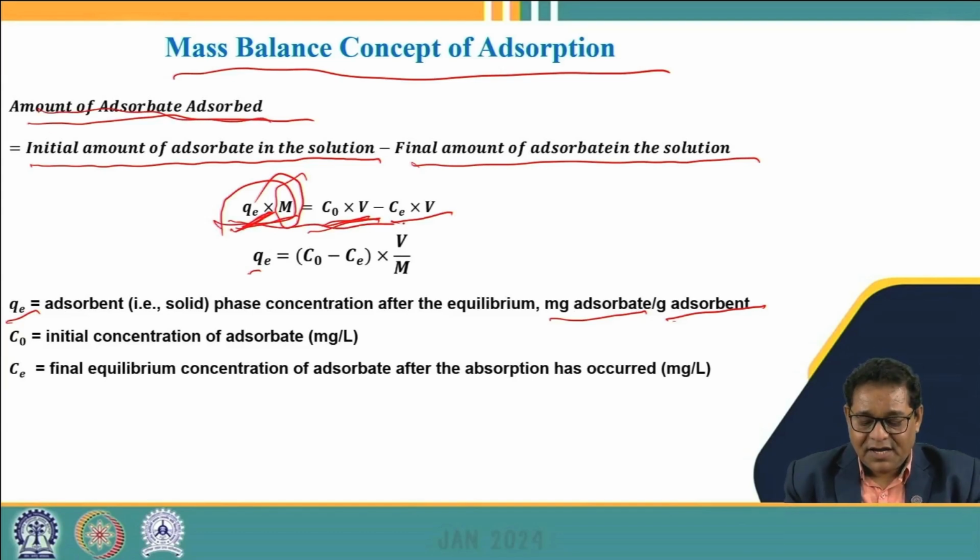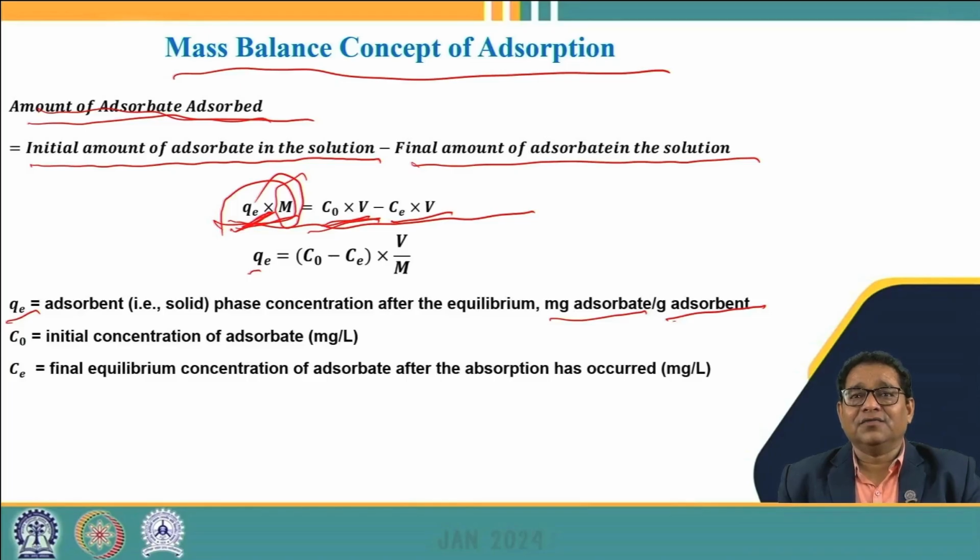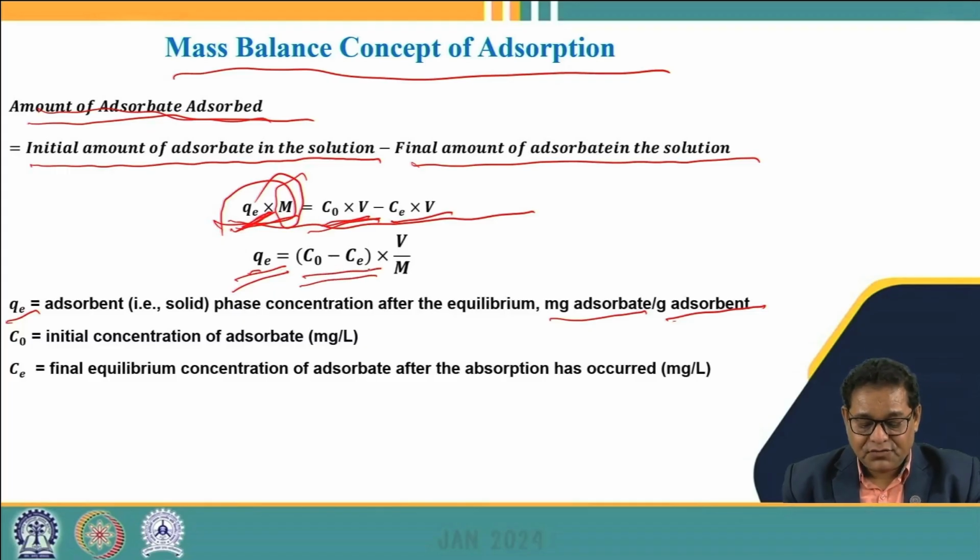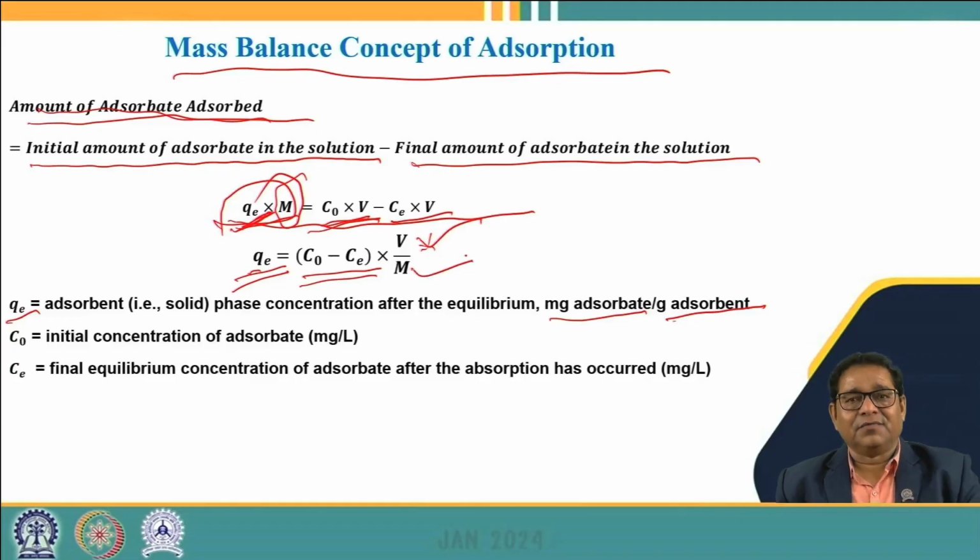So by balancing this, the amount of adsorbate initially present in the solution, minus the amount of adsorbate present in the solution after, will give us the amount of adsorbate that is adsorbed, and that can finally be calculated by Qe, and this Qe will be equal to C0 minus Ce, the concentration difference before and after the adsorption, multiplied by volume and then divided by the mass of the adsorbent.